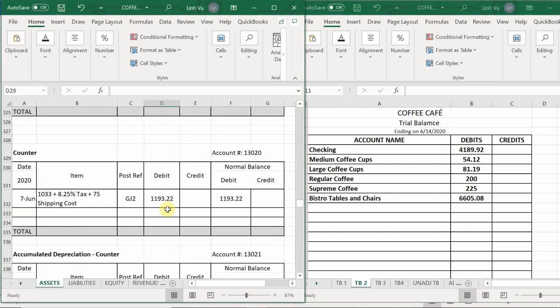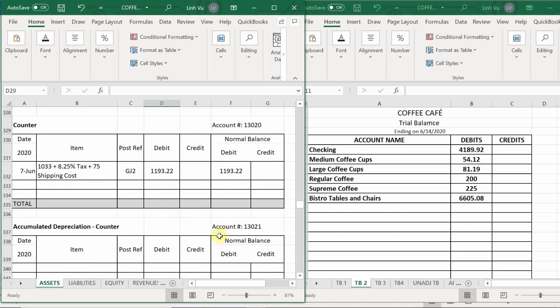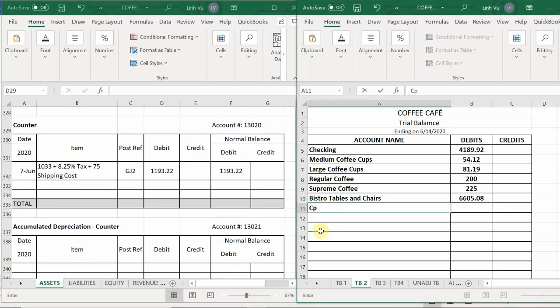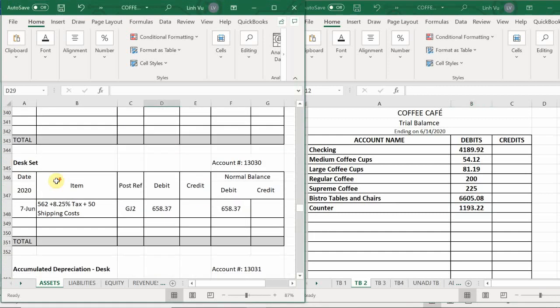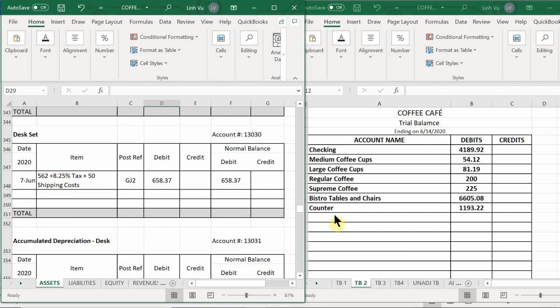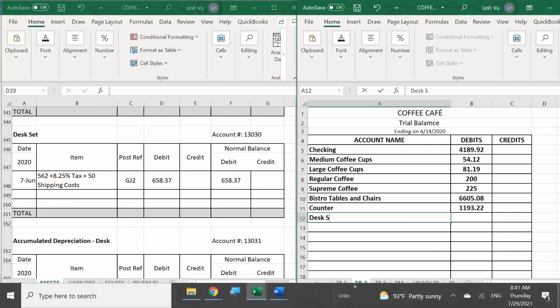No accumulated depreciation yet. And we have a counter for a total of $1,193.22. We also bought a desk set for $658.37.